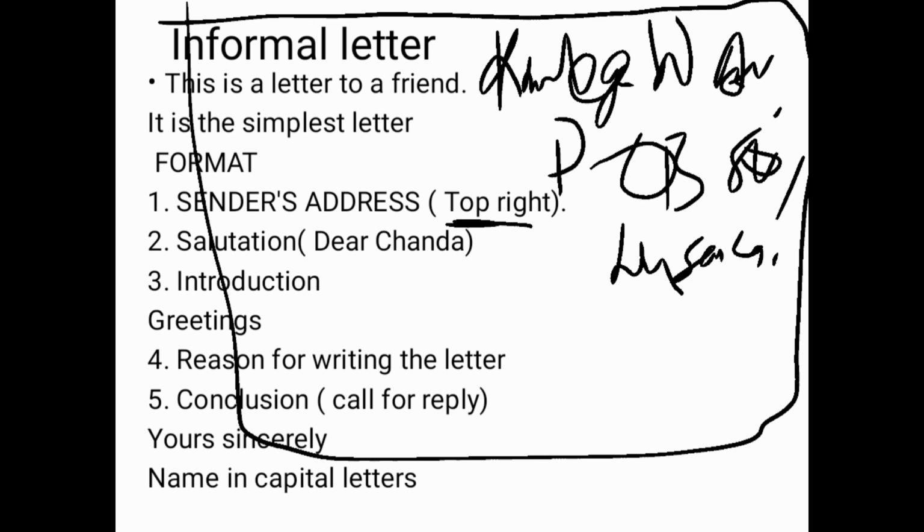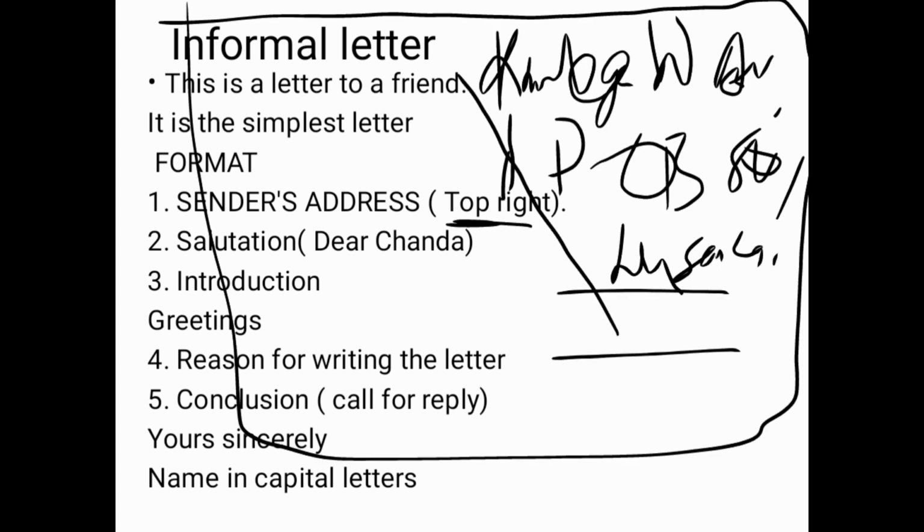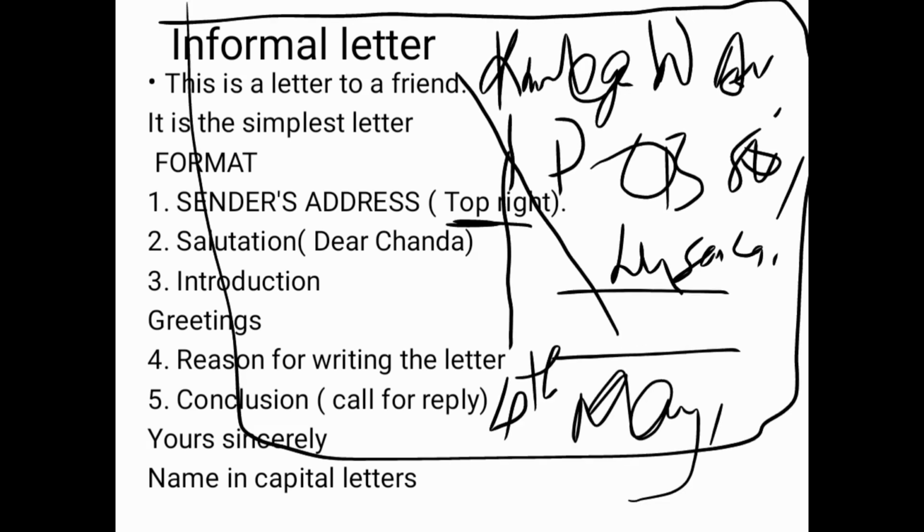The sender's address should slant. Have you seen how it is moving? Like this. After the sender's address, leave a space and then write the date. The date should be in line with the first letter here. So, 4th May 2022, full stop.